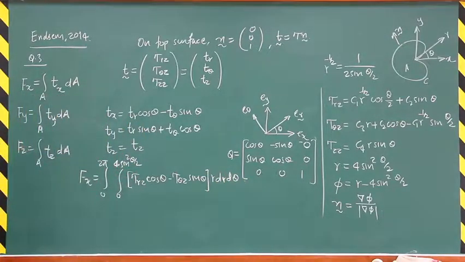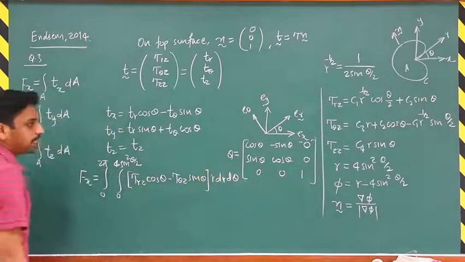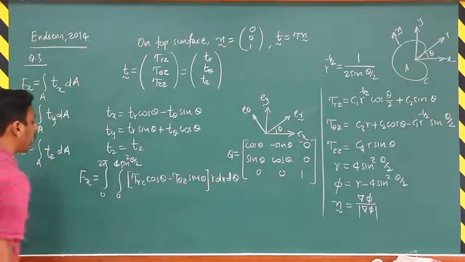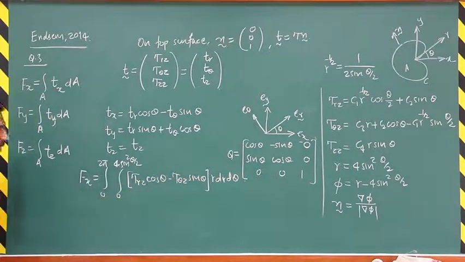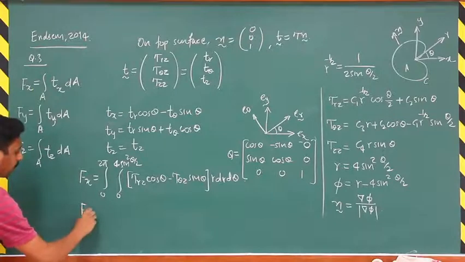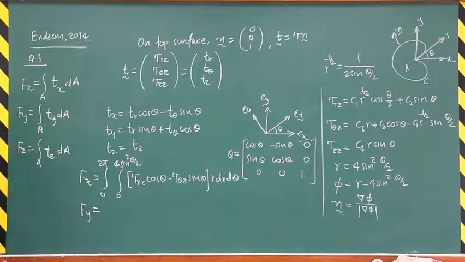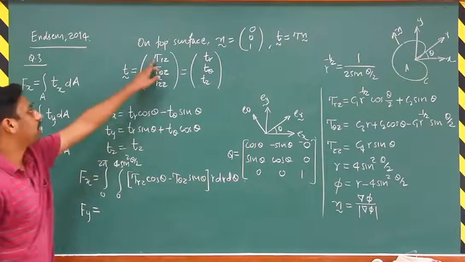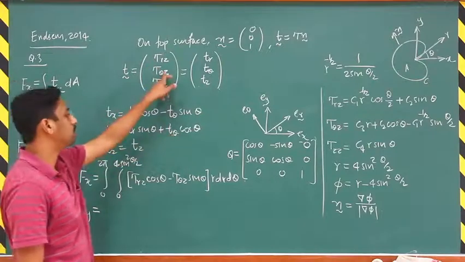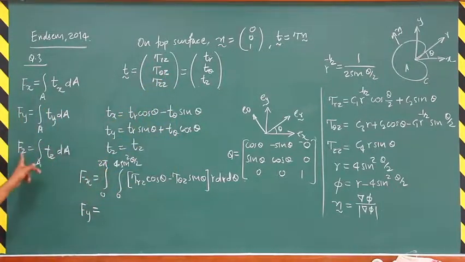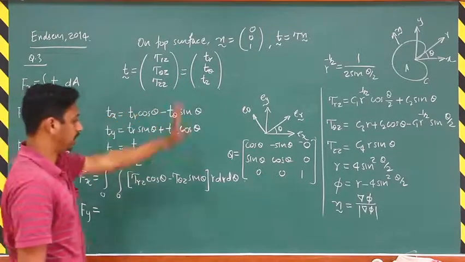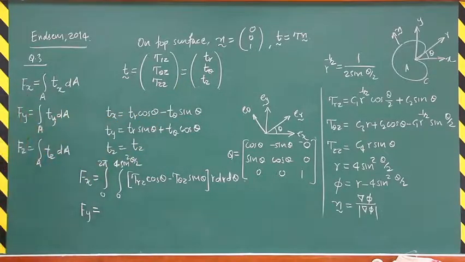Again, we are not supposed to find the solution for this, but at least we should provide certain expressions for finding the net force along x, y and z direction. So similarly, we can write the expression for Fy by using Tr equal to tau Rz, T theta as tau theta z, and for the net force along z direction as tau zz for this Tz.